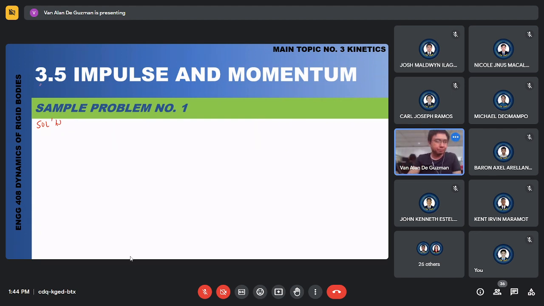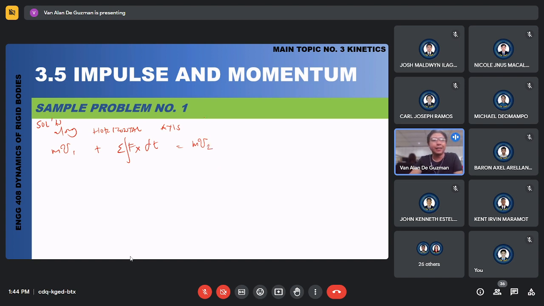So, along the horizontal axis, using the same equation, m times v sub 1 plus summation of forces. In this case, kasi along the horizontal axis tayo, f of x tayo, times dt, not to forget that, is equal to mv sub 2.